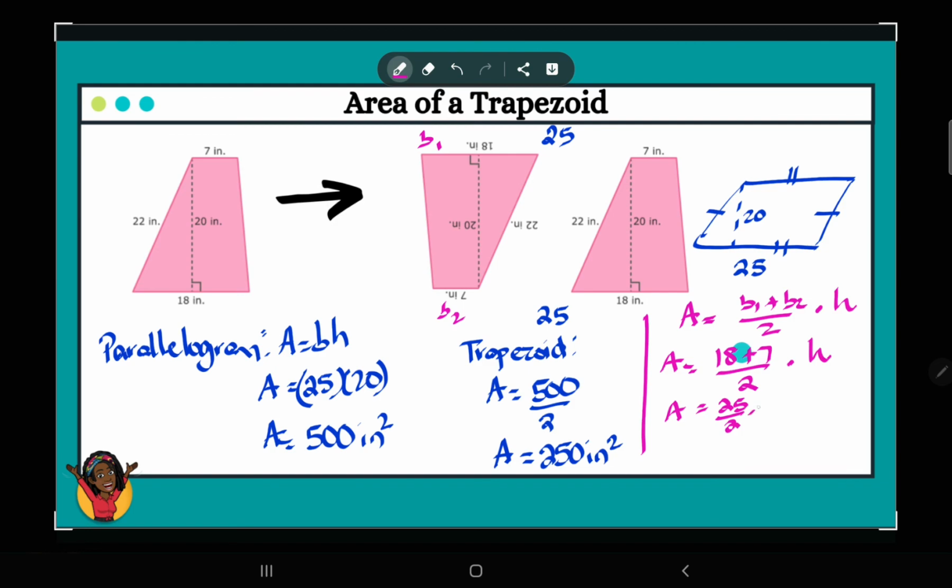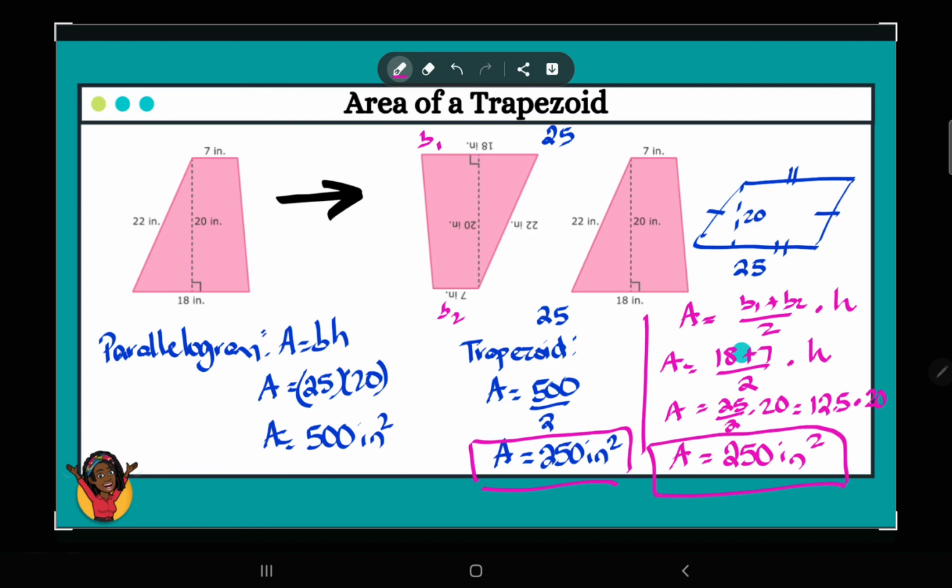Divide that by 2 times 20. 25 divided by 2 is 12.5. And we're going to multiply that by 20. And the product of 12.5 and 20 is 250 inches squared. So here we found that our answers are exactly the same.